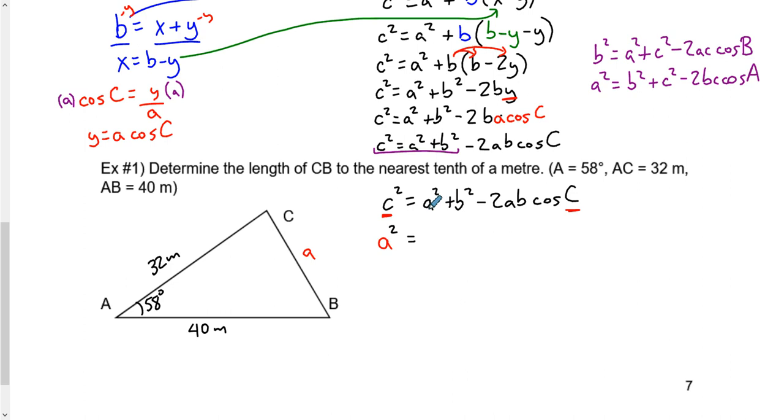Everything else that we know, well, it doesn't really matter what A or B is. Just like in the traditional Pythagorean theorem, it doesn't matter which leg you actually plug in for which letter. So just by practice, I usually go least to greatest, but you certainly do not have to. You can put the 40 squared and then 32 squared.